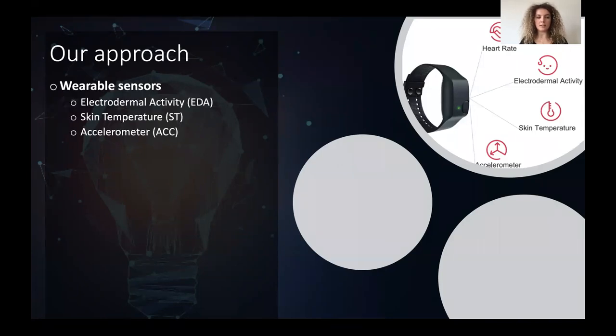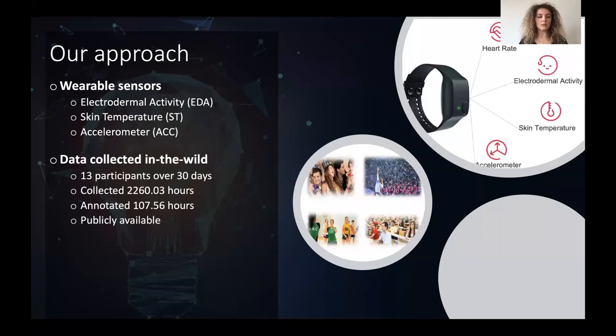identifying artifacts, and we propose to use multiple sensors, not only electrodermal activity, but also skin temperature and acceleration. We collect a data set completely in the wild from 13 participants, which include students, teachers, as well as researchers. We collect around 2,000 hours of this data, and 2 human annotators annotate 100 hours of this data set.